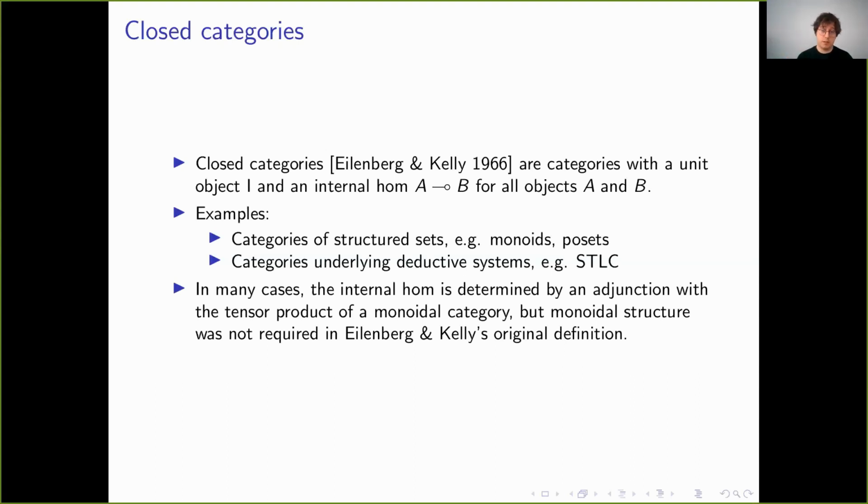And in many cases, the internal hom actually comes from an adjunction with the tensor product of another category. But in the original definition of Eilenberg and Kelly, this is not required. There is no requirement for the existence of a monoidal structure.